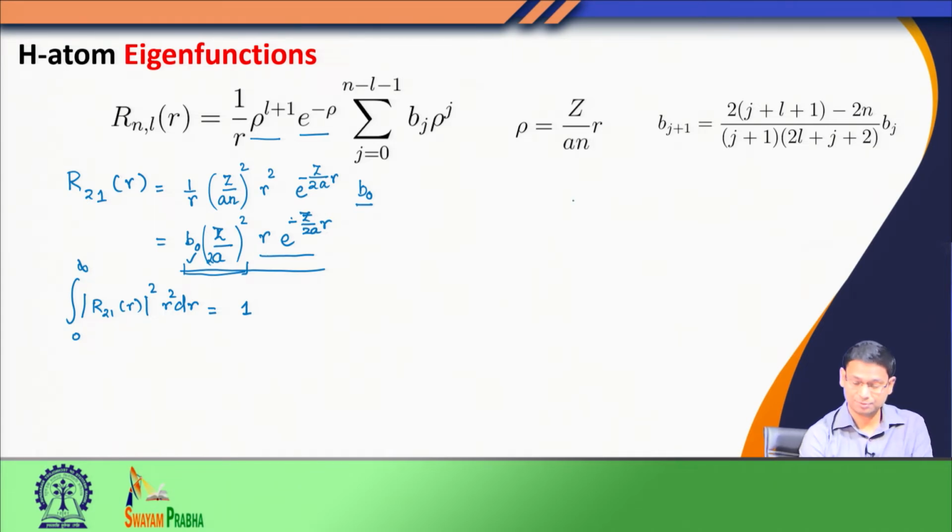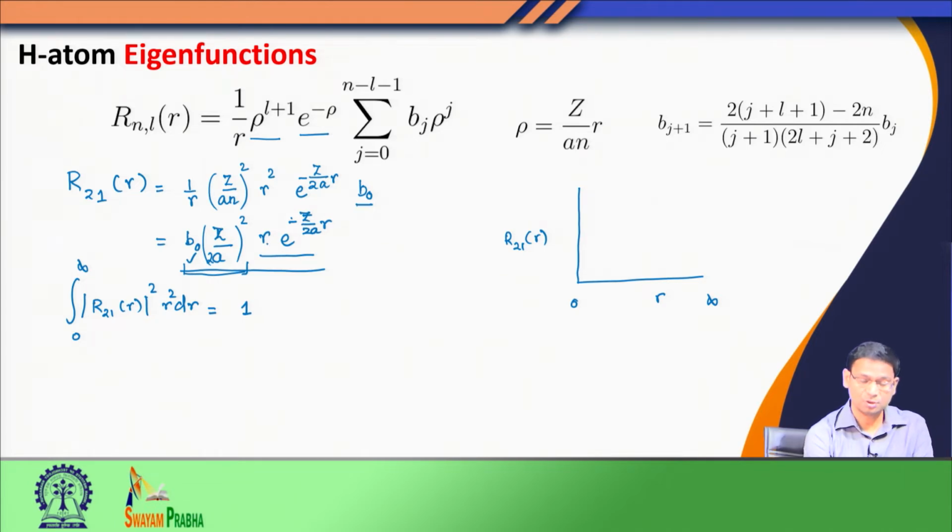Now, if we want to plot R21 as a function of r, r can go from 0 to infinity. You can see that this function would never become negative, because we have r, which is a positive term, and then an exponentially decaying function.